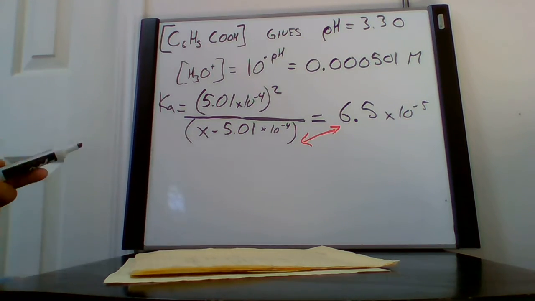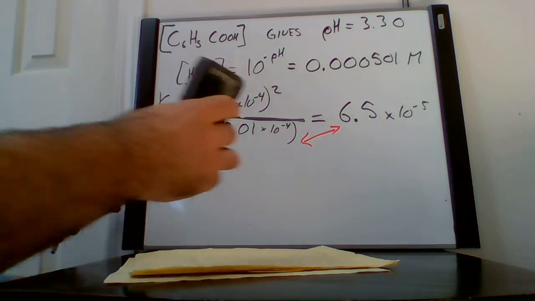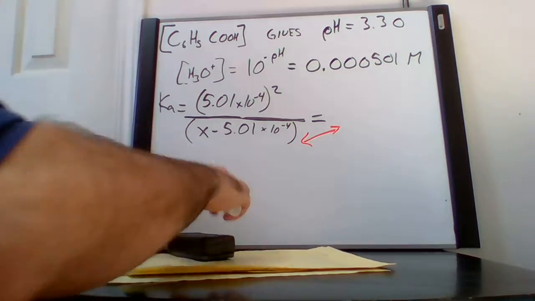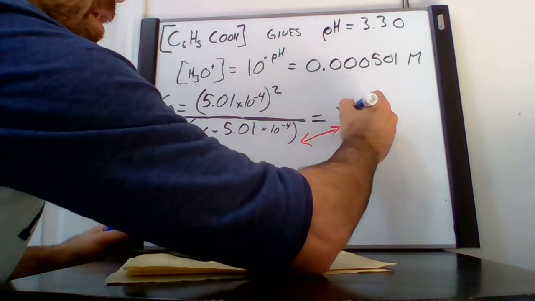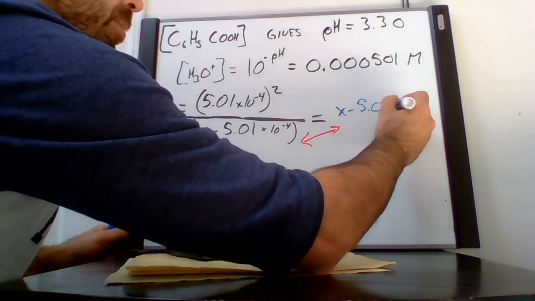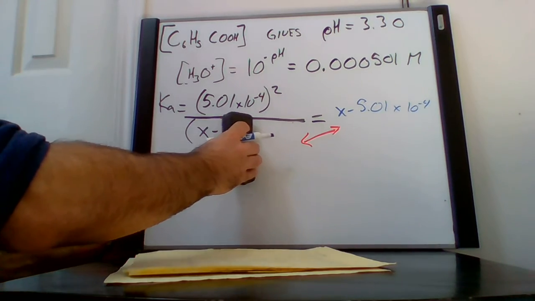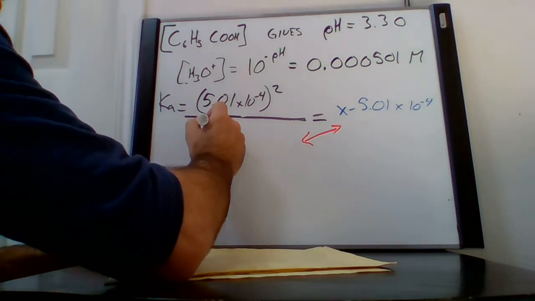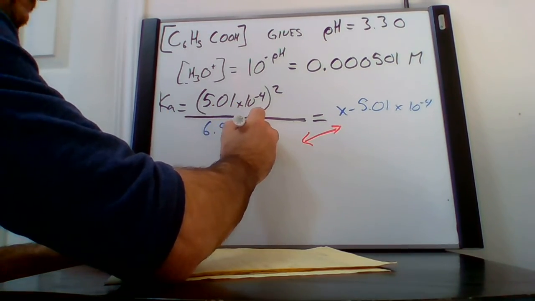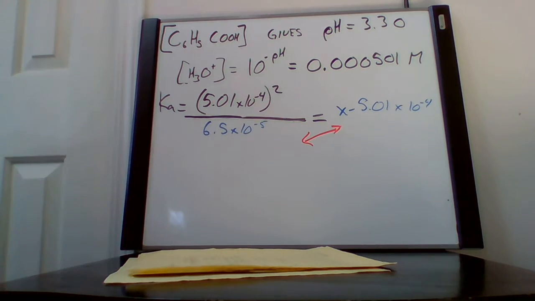Okay? So when I do that step, I get my x minus 5.01 times 10 to the negative 4 over there. And I have my 6.5 times 10 to the negative 5 over here.